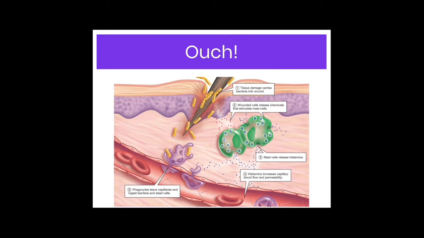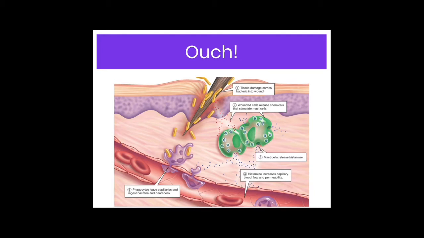So this is showing an example of how the immune system works. So if you were to get a splinter, there's bacteria on that splinter that is now in the body. So what's going to happen is those damaged cells in that area are going to release chemicals that stimulate the mast cells. So the mast cells then release histamine.